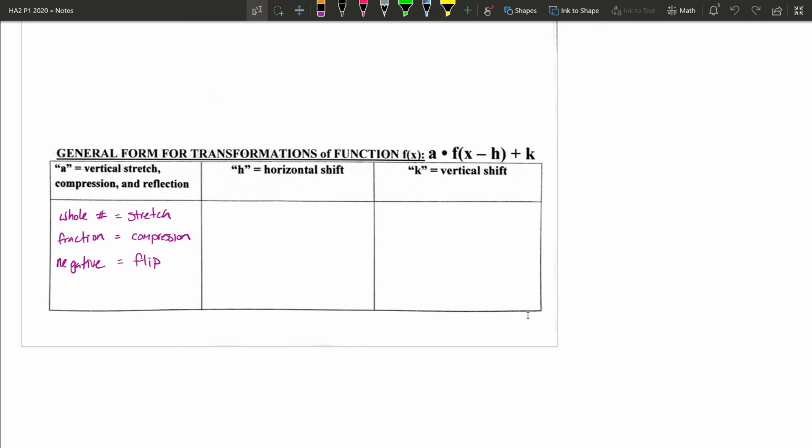If I've got an h, I know insiders lie. So what that means internally to my brain is that if I've got x minus 8, this is going to be a right shift. If I've got x plus, it's going to be a left.